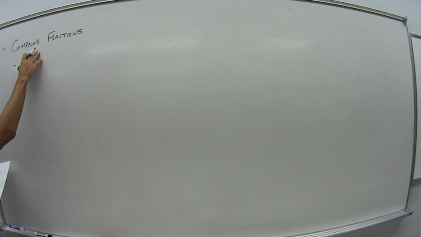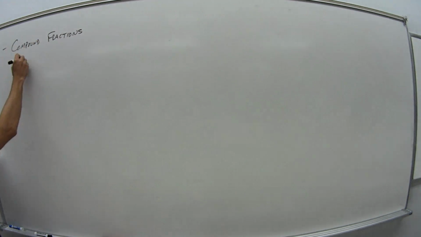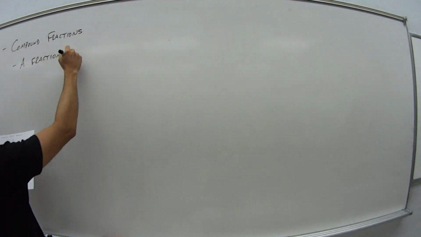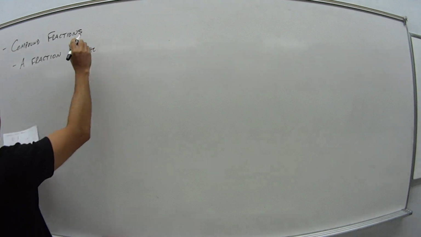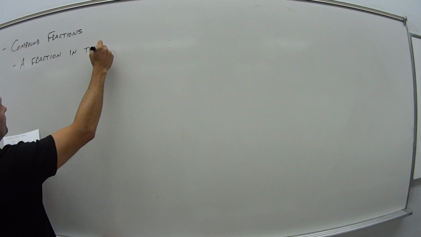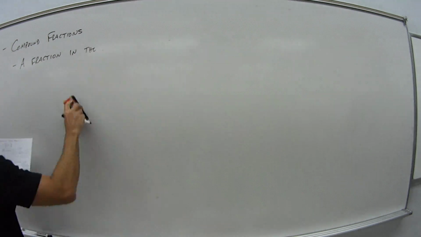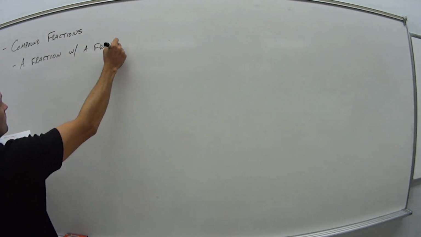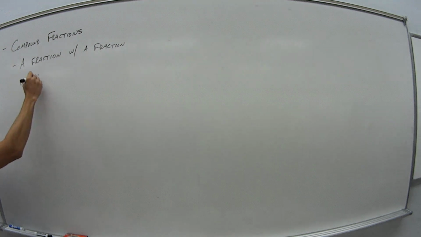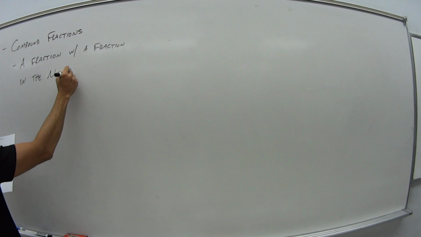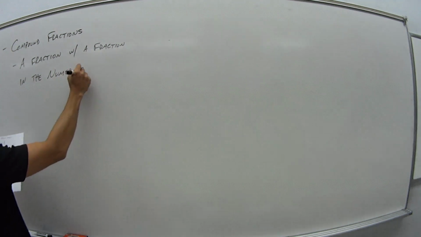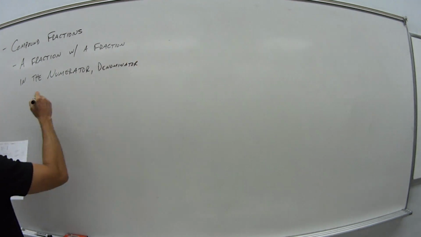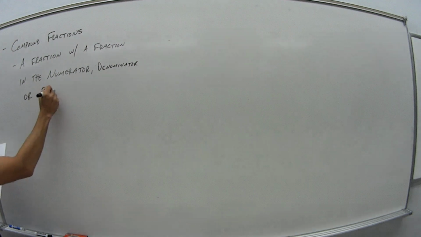As the name implies, compound meaning multiple, a compound fraction is a fraction with a fraction in the numerator, denominator, or maybe both. More often than not, it will be both.